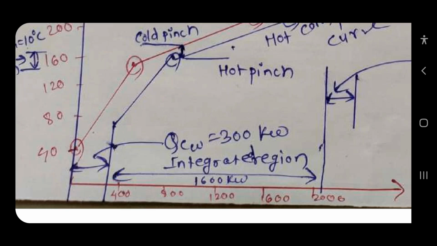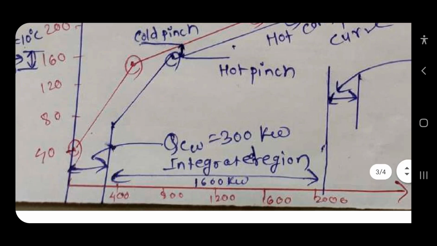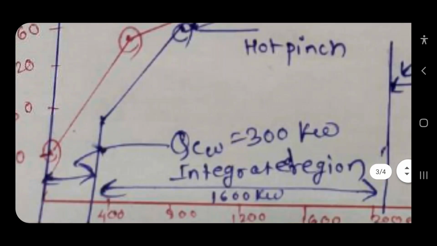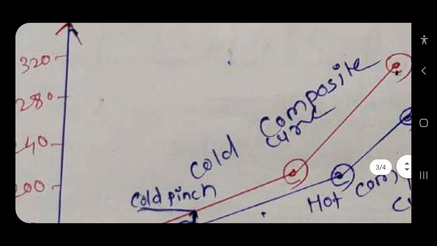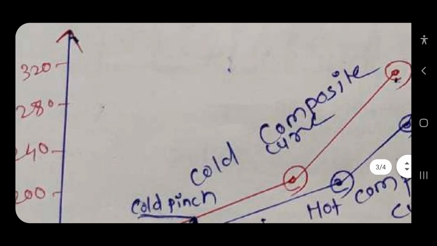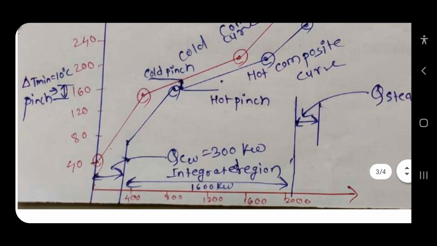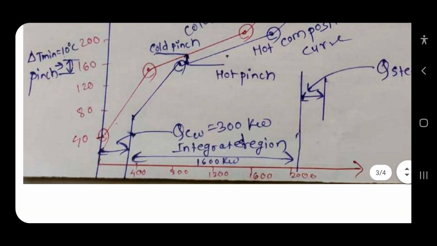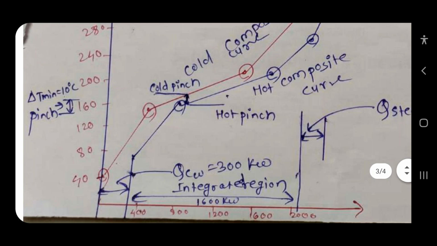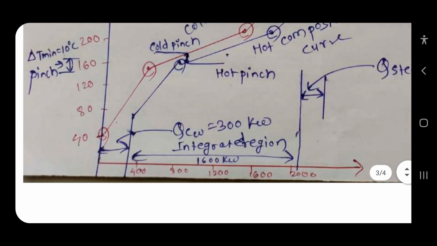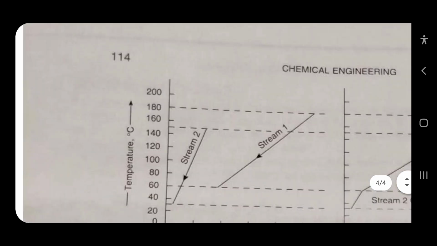This section is nothing but below pinch. And what about this section? This section is above pinch. You will get this graph and the significance of this graph by the next diagram easily. Have a look.